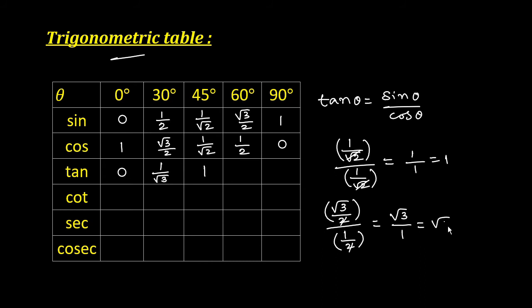Root 3 by 1 is root 3. So we write root 3 for tan 60. Next, tan 90 is the ratio of sin 90 and cos 90. Sin 90 is 1, divided by cos 90 which is 0. 1 by 0 gives infinity; we cannot find the value of 1 by 0. So we'll write undefined here.